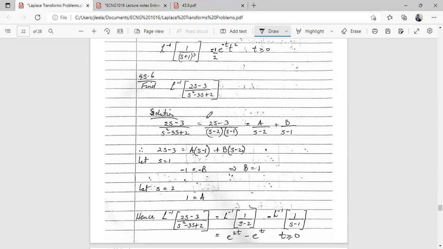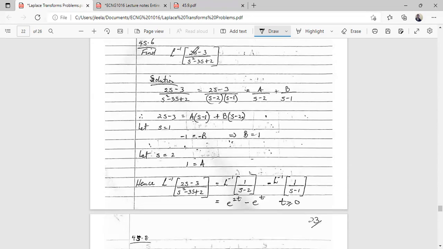45.6. Find the Laplace inverse of 2s minus 3 over s squared minus 3s plus 2. Right, so before we could find the Laplace inverse, we had to find the partial fraction breakdown of this rational fraction. So if we look at the denominator, we could factorize it into s minus 2, s minus 1.